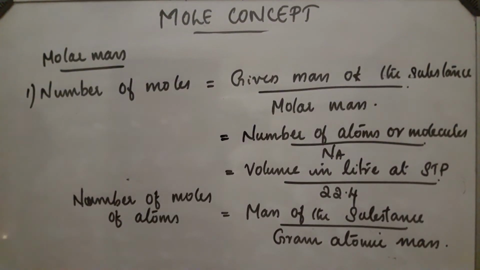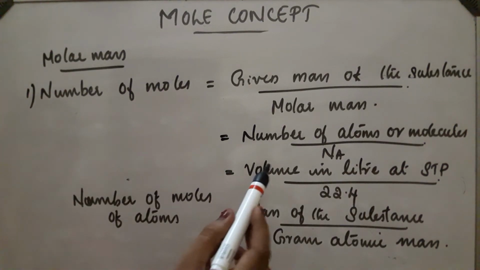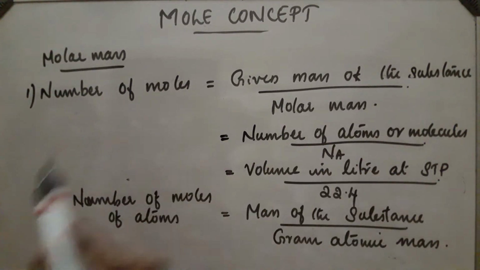These are some of the equations used to calculate the number of moles. First one, number of moles is equal to the given mass of the substance divided by gram molecular mass or molar mass. If the number of atoms or molecules is given, number of moles will be equal to the number of atoms or molecules divided by the Avogadro number.